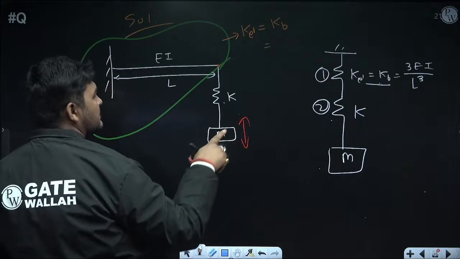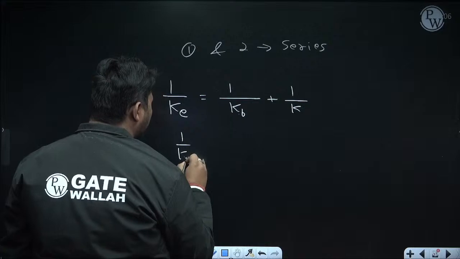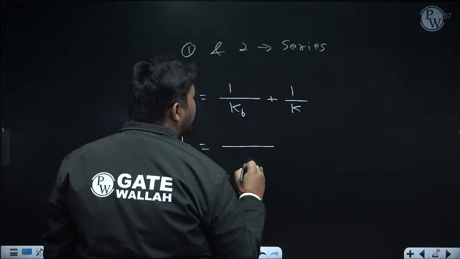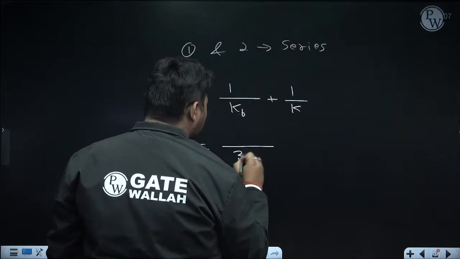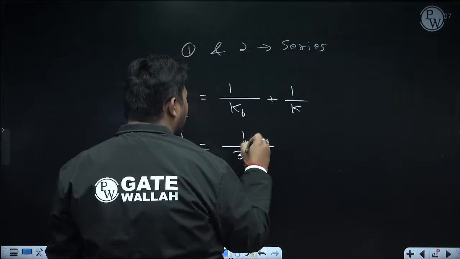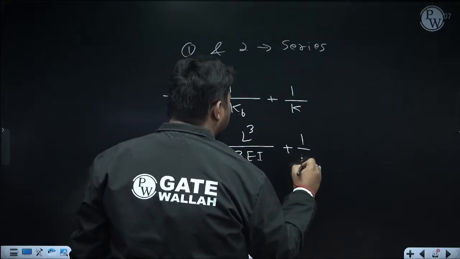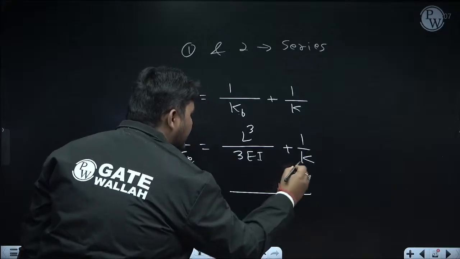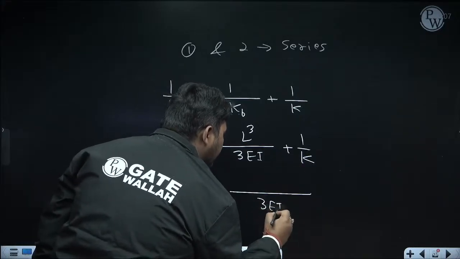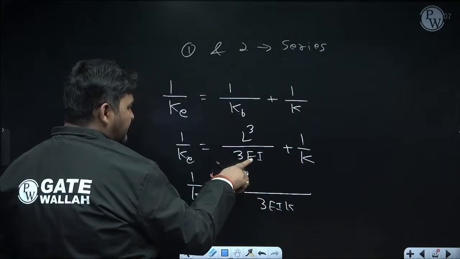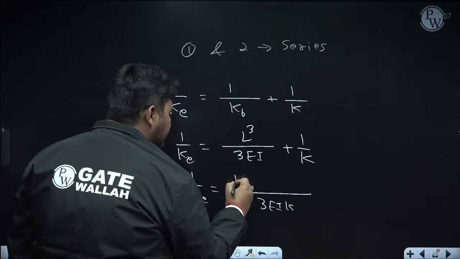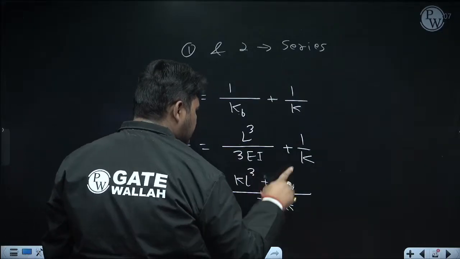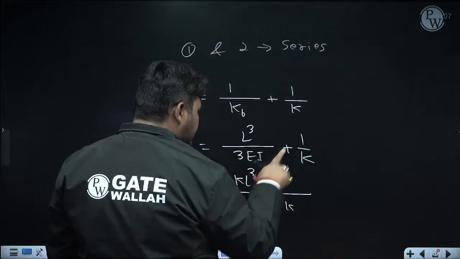Now 1 upon K equivalent equals 1 upon KB, and KB is 3EI upon L cube, so L cube will go above, plus 1 upon K. So the LCM is 3EIK. 3EIK divided by K gives L cube times K, that is KL cube, plus 3EIK divided by 3EI, which is 3EI.